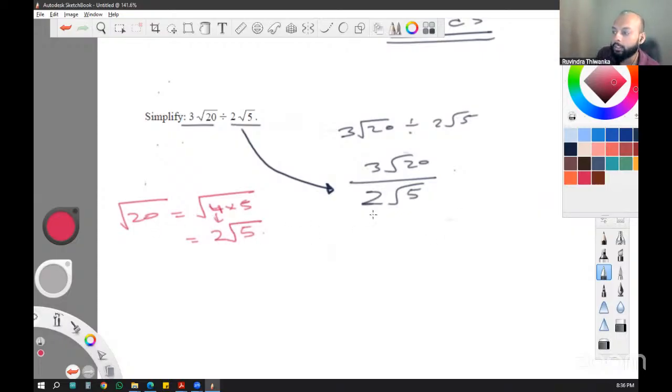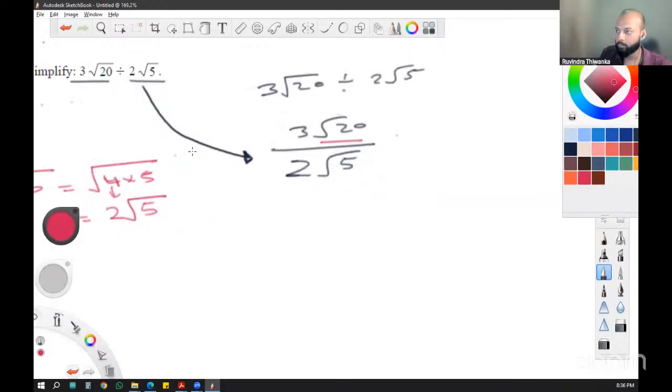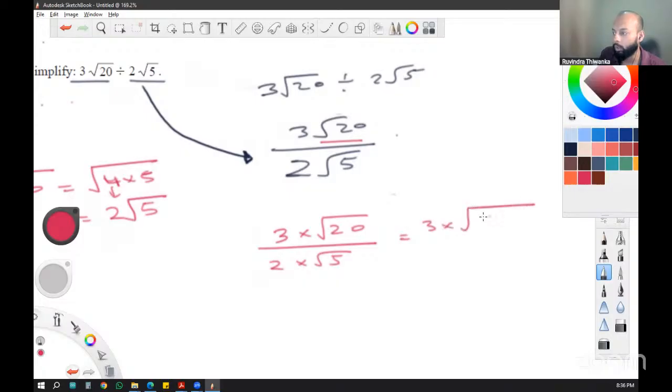So this can be written in this place. How do you write this? 3 times root 20 over 2 root 5 is equal to 3 into root of 4 times 5 over 2 times root 5.